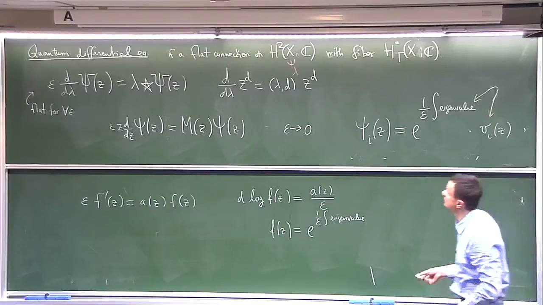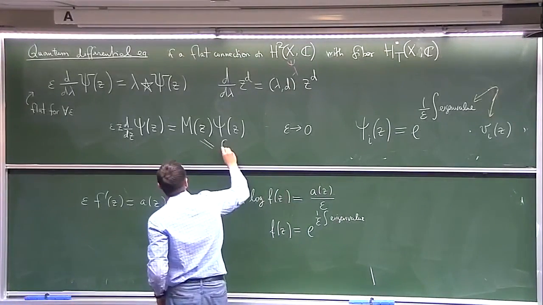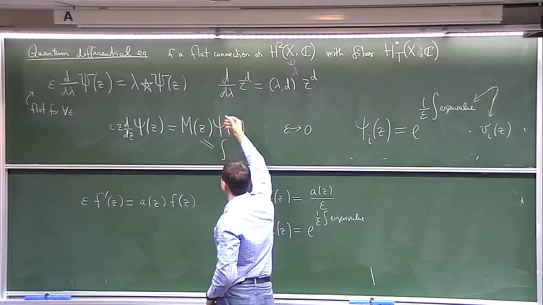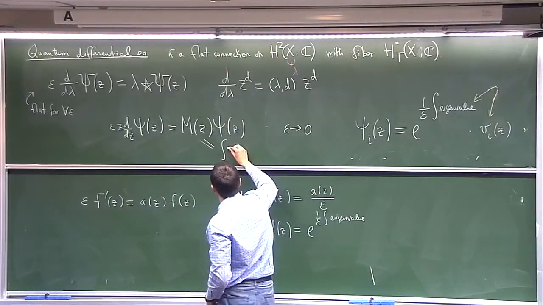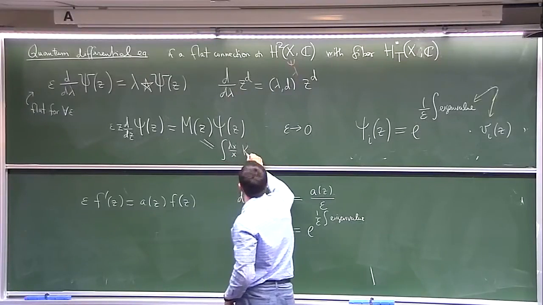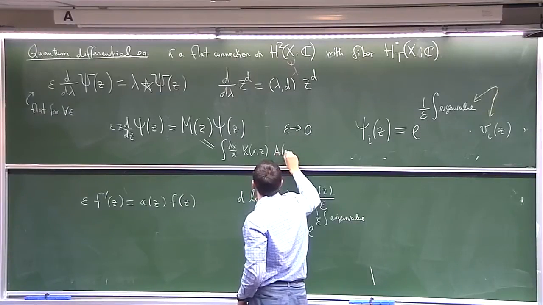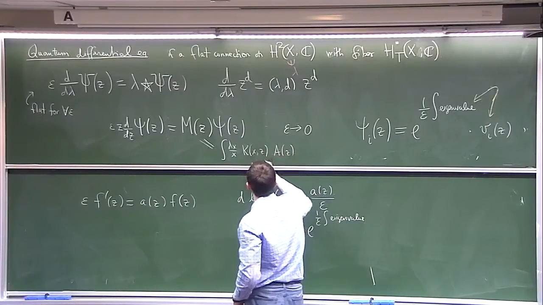Now, if M of z is equal to some kind of integral over some space of variables, maybe call it dx over x, roughly speaking there's some kernel function of z, and there's maybe some amplitude a of z. This is a matrix.